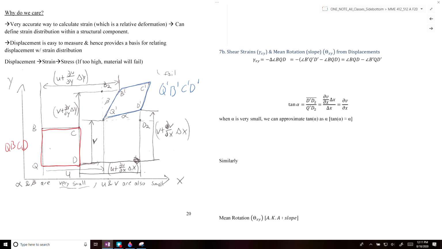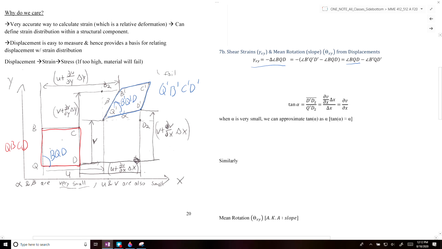So we know that the shear strain, we defined it earlier in the lecture as being the change in the angle of BQD, right? So it's going to be equal to the angle BQD minus the angle B prime, Q prime, and D prime.